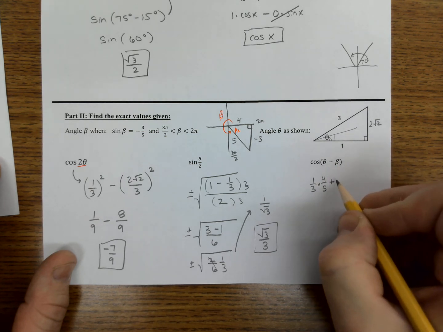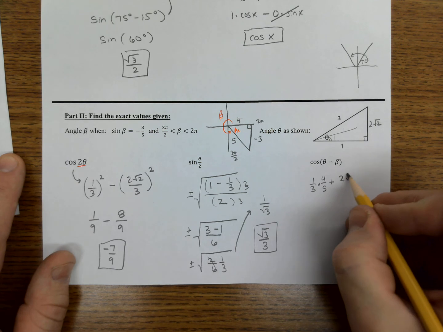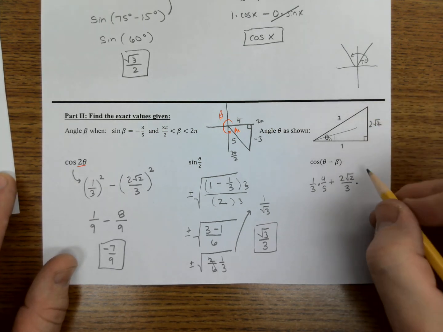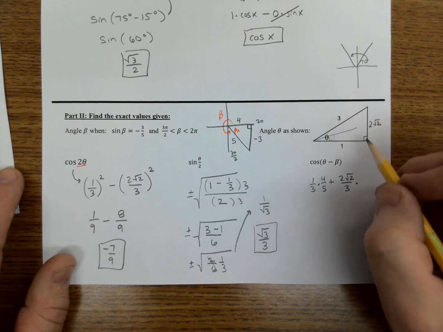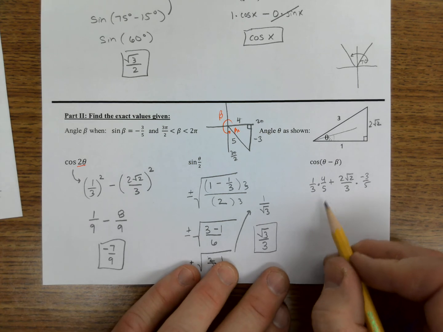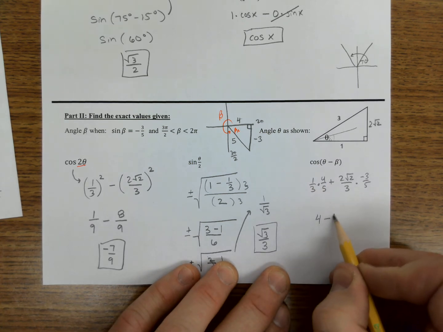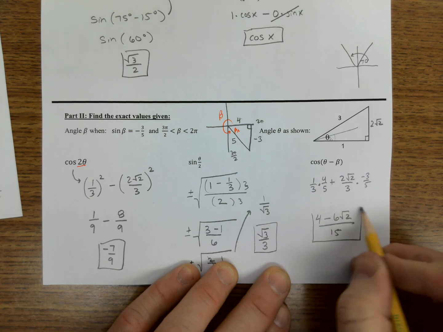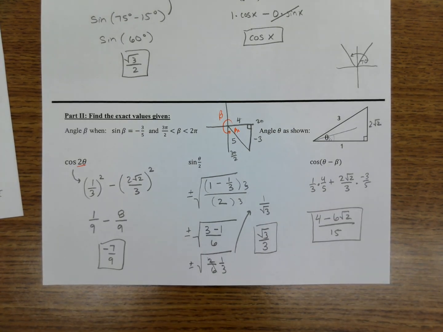Cosine's flipped, plus, and now sine here is, let's see, what do we have? Sine here, -3/5. Simplify this all down. I have 4 minus 6 root 2 over 15. Nothing else is going to simplify. All right, that's part 2.